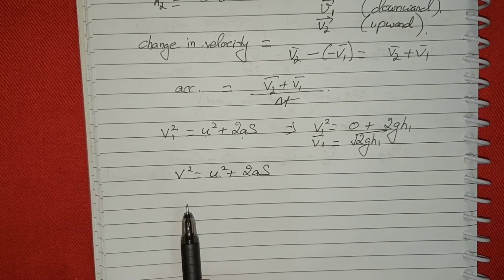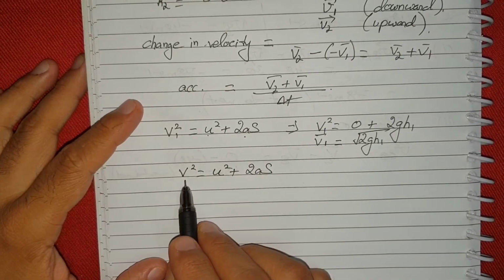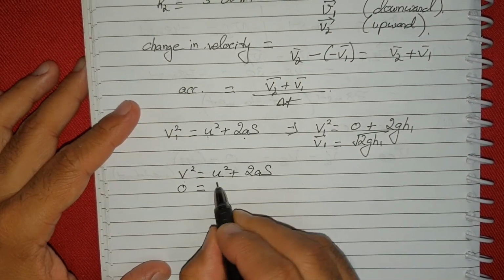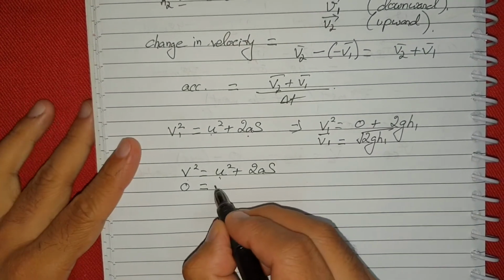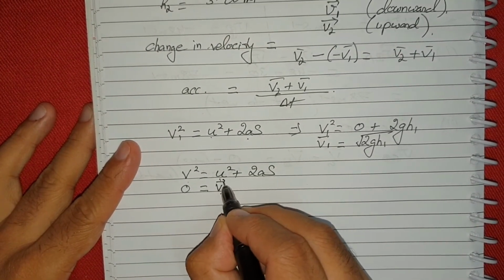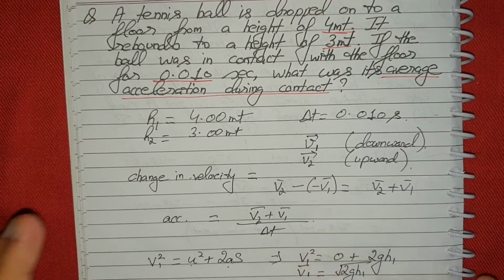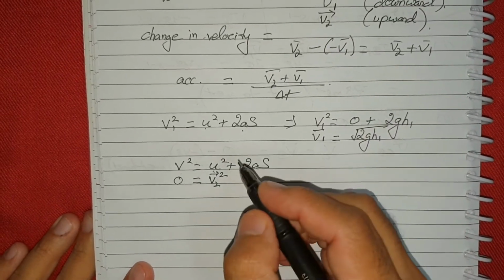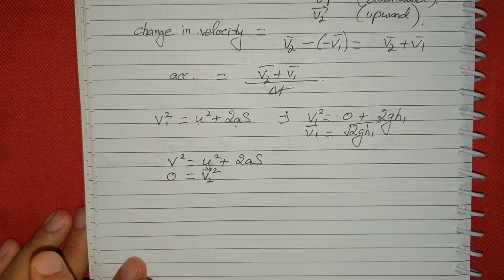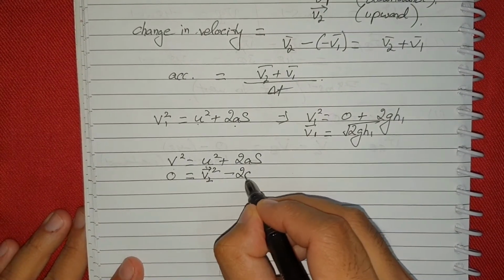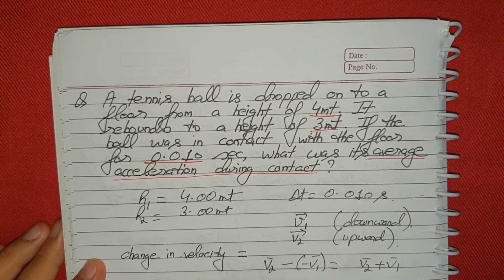When it reaches the maximum height, because it is starting from the ground and going up, the final velocity will be 0, equals v2 square, where v2 is the velocity with which it was going up, now g is negative, so minus 2 g h2, h2 is 3 meter.